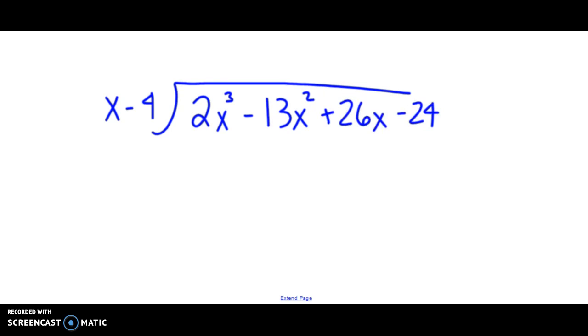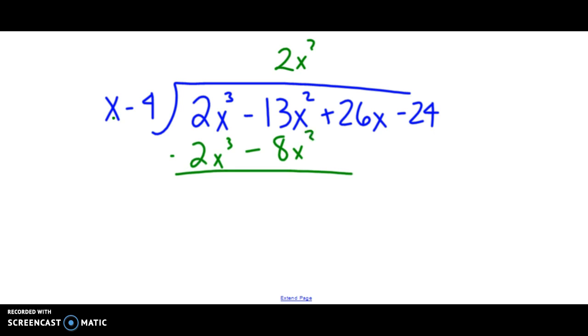So, what do I multiply x by to turn it into 2x to the third? 2x squared. So I get 2x to the third minus. And 2x squared times negative 4 would be minus 8x squared. And I subtract. So 2x to the third minus 2x to the third, 0 goes away. Negative 13 minus a negative 8 would be adding.